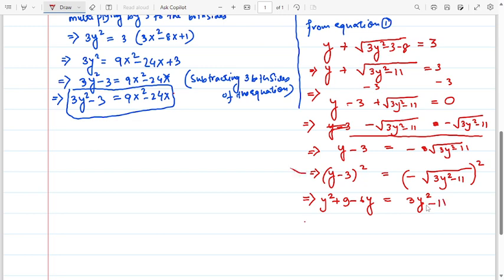Now you can ask me, sir, how do you do that? Okay, we are simply using this formula. What is the formula? a minus b whole square equals a square minus 2ab plus b square. Here a is y and b is 3. I simply use the formula.